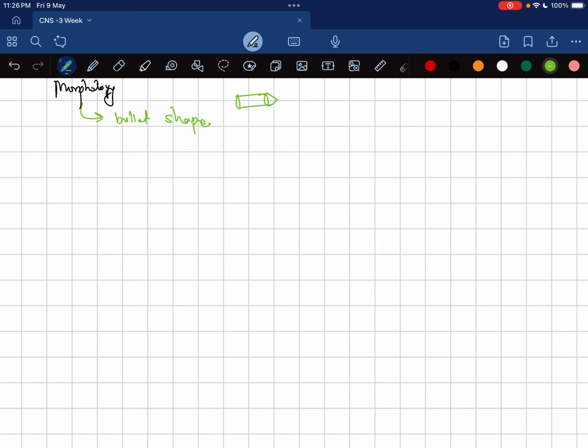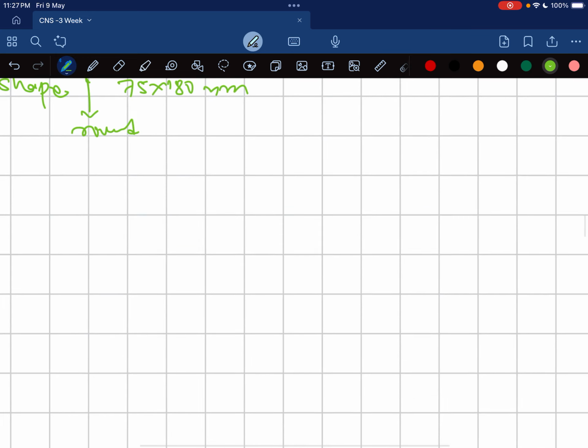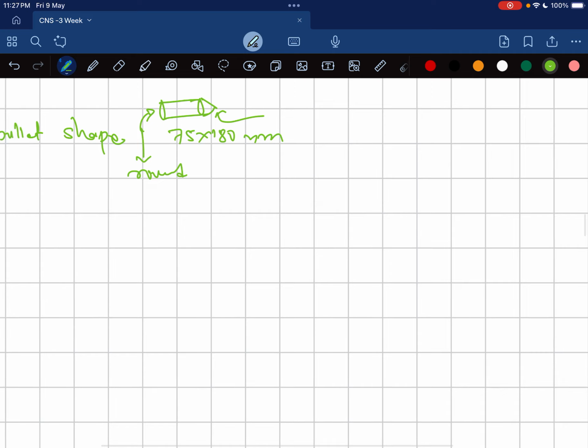The size is 75 by 75 to 180 nm. One end is round and the other end is concave or planar.